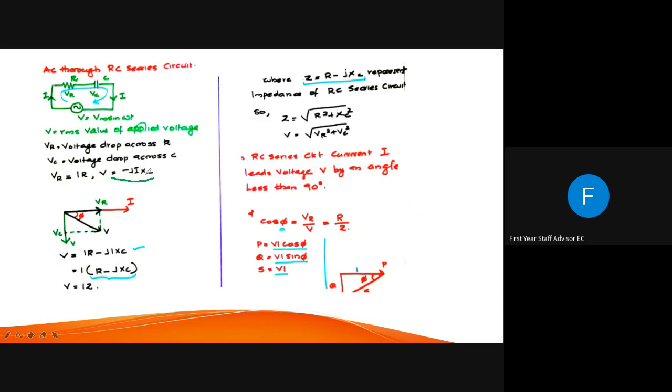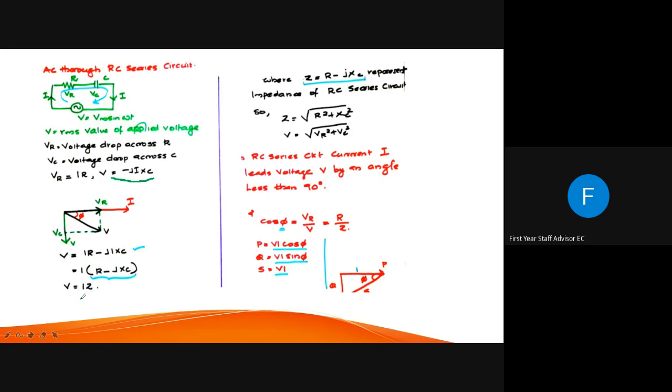Now what will you get? The expression for the resultant vector is IR plus minus JIXC, that is IR minus JIXC. Again, the same step I am following. I am taking I common, so I of R minus JXC.